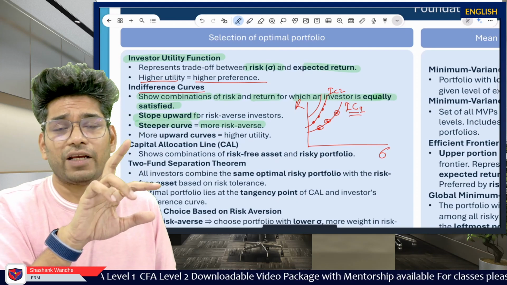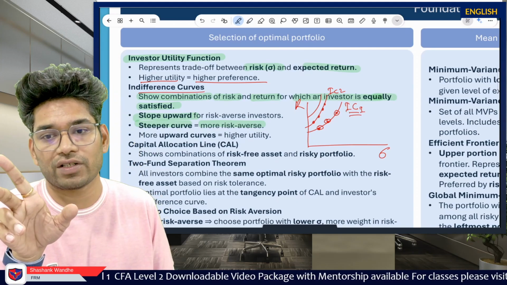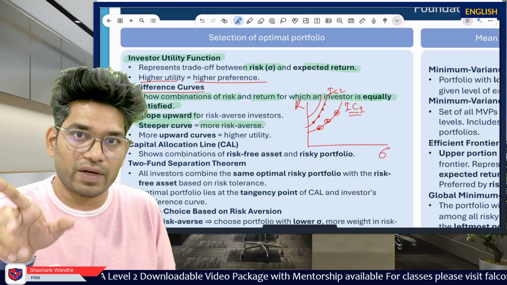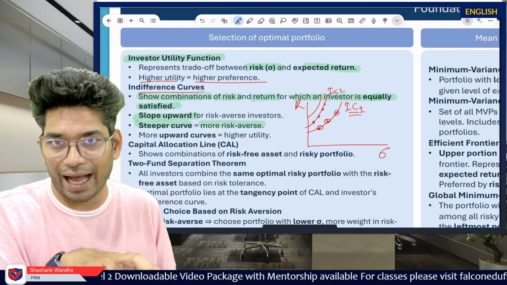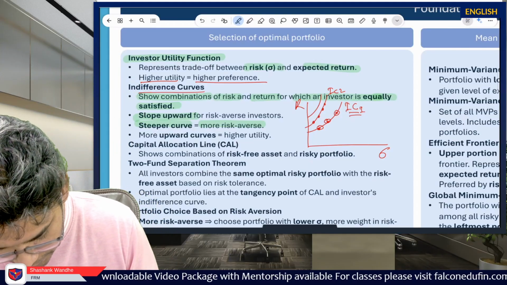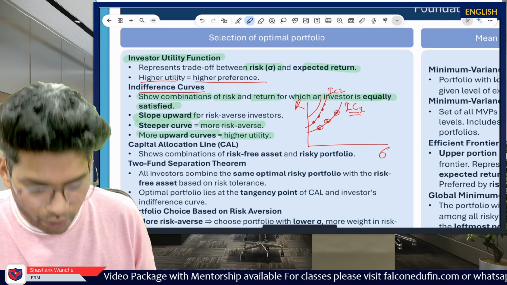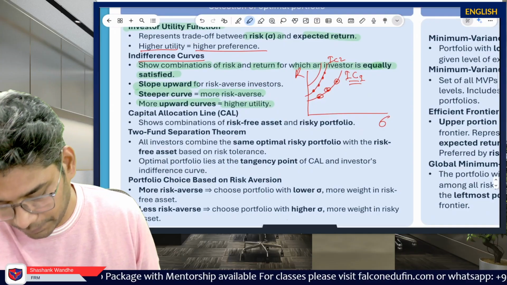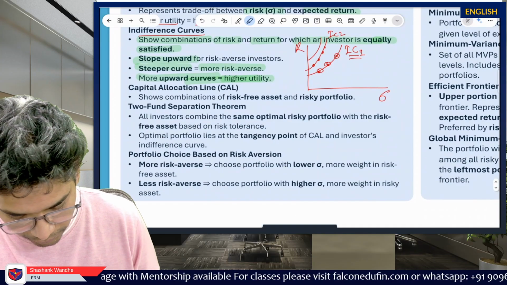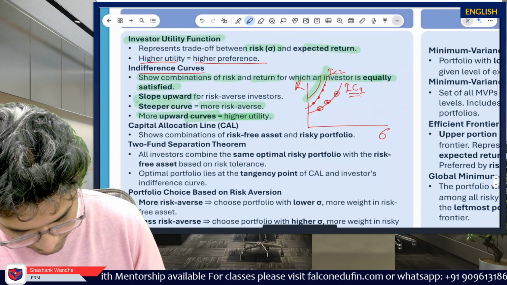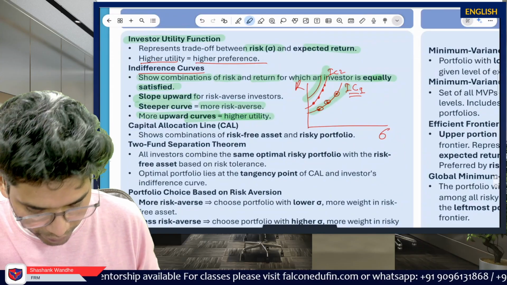If you compare the investor on the IC1 compared to the investor on the IC2, the IC2 investors are more risk averse compared to the IC1. More upward curves is equal to higher utilities. Here it is higher utility, lower utility.